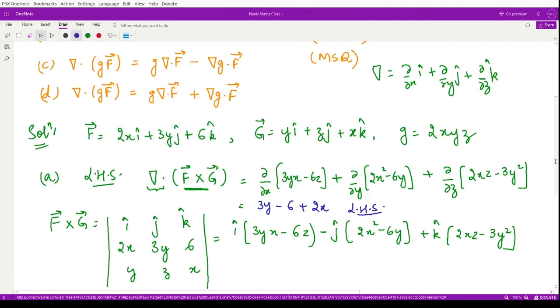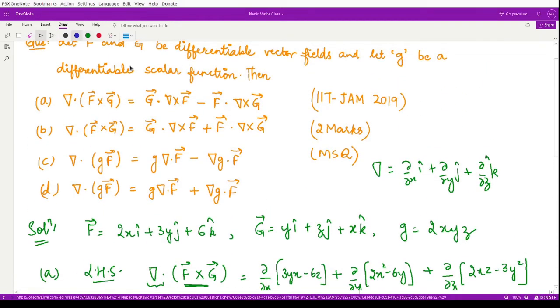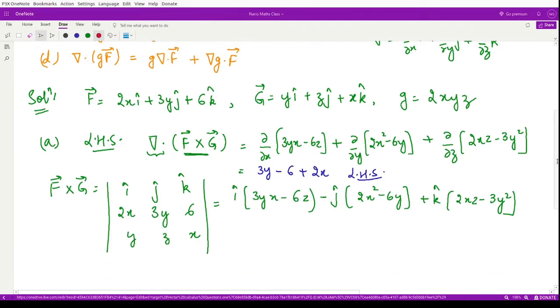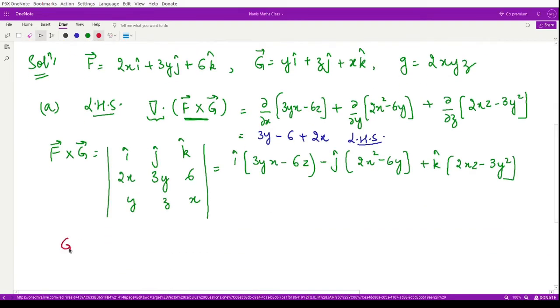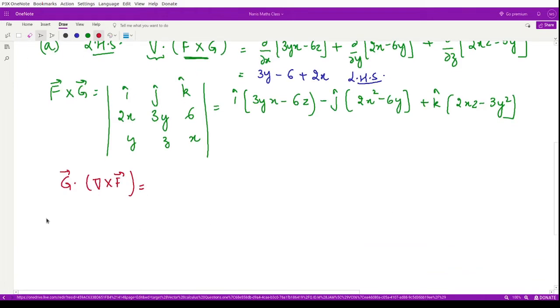Now in order to determine the right hand side, we'll calculate g dot del cross f, right? So first of all, we are to calculate del cross vector f. Again we have to compute this determinant. We'll write the components for del, del by del x, del by del y, del by del z.